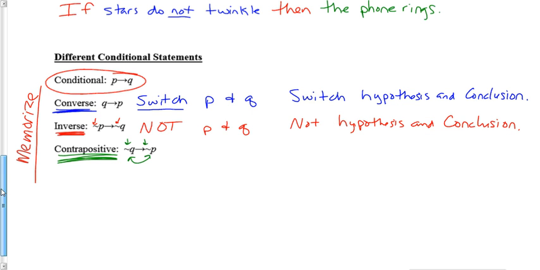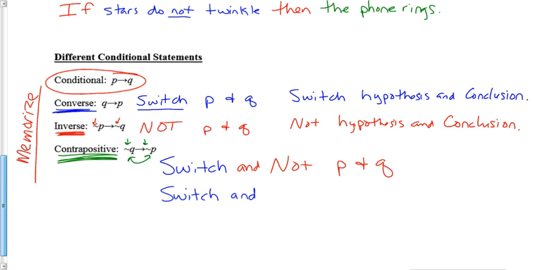So what we do for this one is we switch and not your P and Q, which means you switch and not the hypothesis and the conclusion. And again, if I'm writing too fast, pause the video so that you can write down what I've written down without missing anything else.